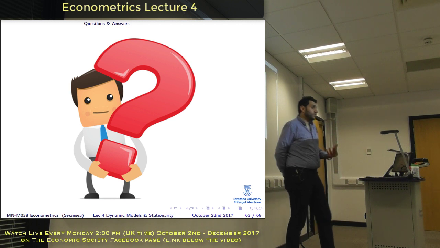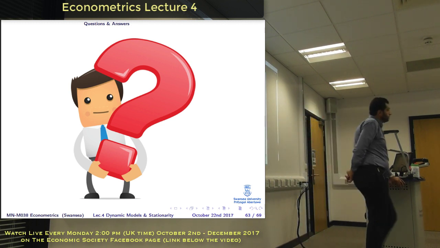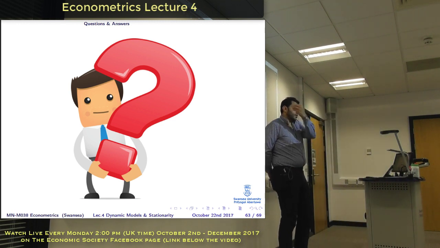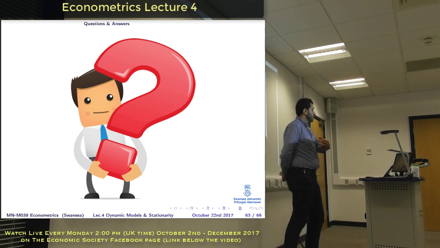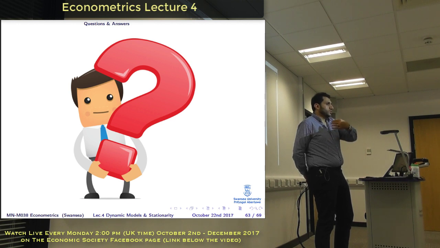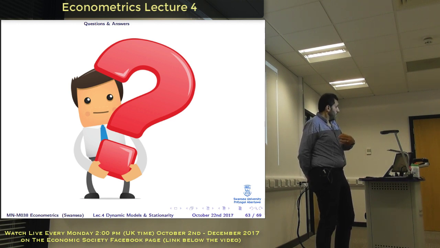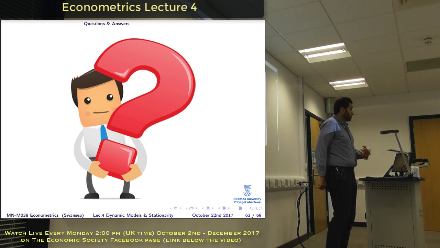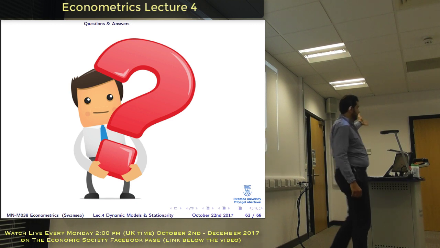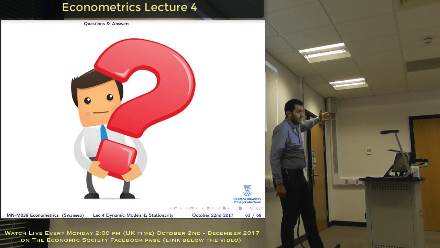A very popular example we discussed is the permanent income hypothesis of Milton Friedman, where consumption expenditure in time t doesn't depend only on disposable income in time t, but also on disposable income in time t minus 1, t minus 2, and up to, as they estimated, 16 lags.